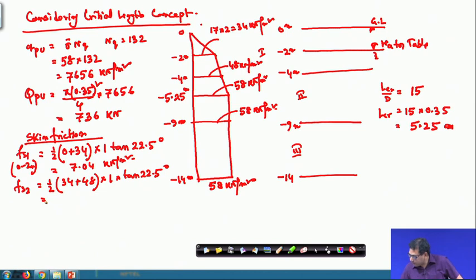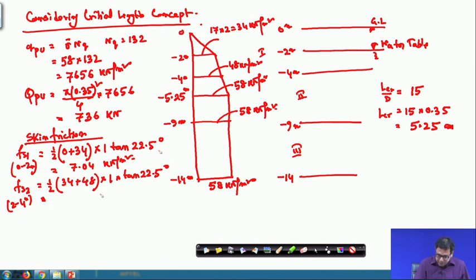So, Fs2 is for 2 meter to 4 meter. So, that value is coming out to be 40. So, this is the calculation.